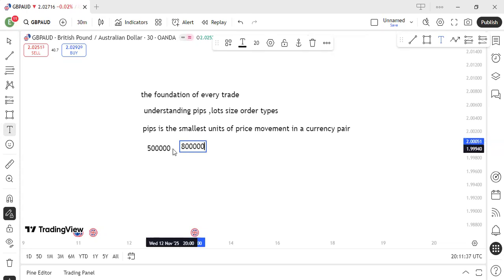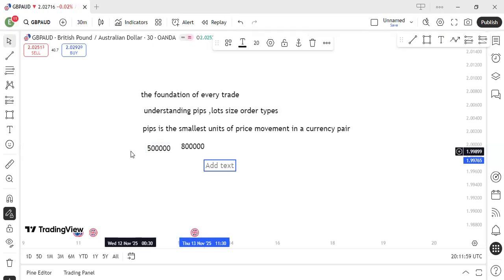Are you with me? The movement of price from year to year is 300,000. That movement is called pips. In layman's language, using the laptop as our commodity, price moved from 500,000 to 800,000.